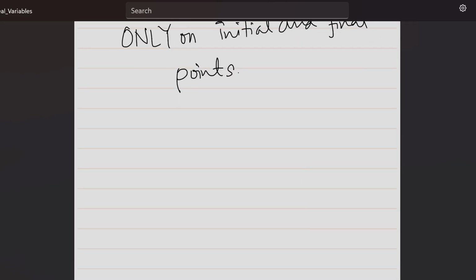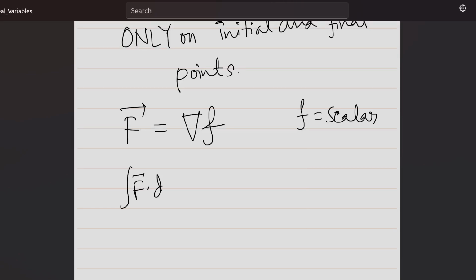So how? Since you know f is conservative, f can be written as the gradient of small f. Small f is a scalar. This is, I hope, as you were told also. So how to find the small f? The integral of f dot dr will become small f at the final point minus small f at the initial point.